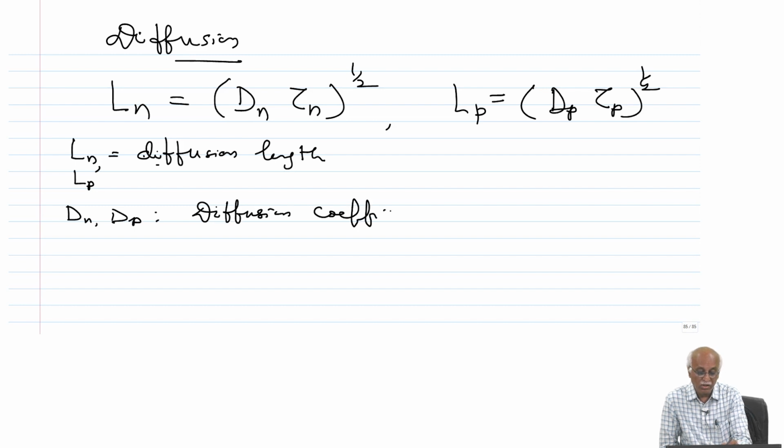So, the larger the diffusion coefficient, the smaller the diffusion length will be, accordingly. Diffusion coefficients are there, and tau n and tau p are the diffusion lifetimes.